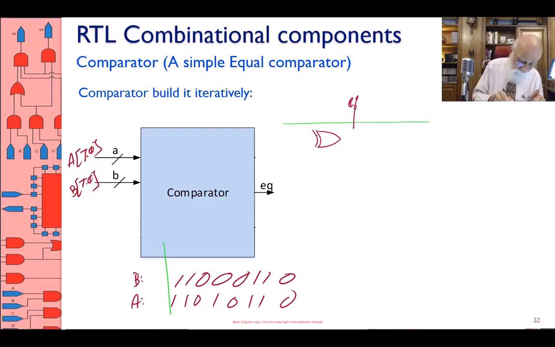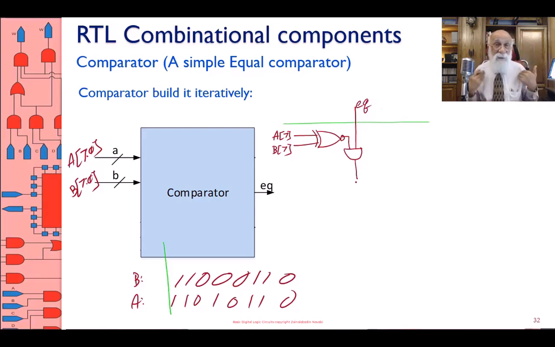Then I say, if A7 and B7 are equal, here I have to use XNOR because XNOR tells me equal. And so far coming into this bit, bits have been equal. Then I decide that I am sending equal information to the next bit.